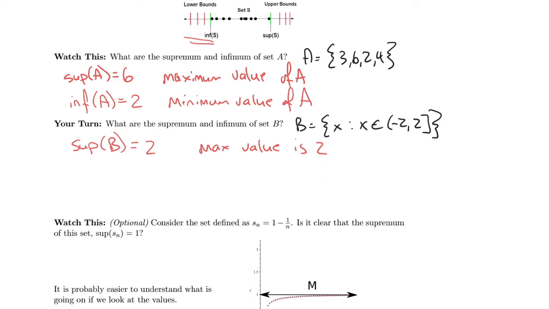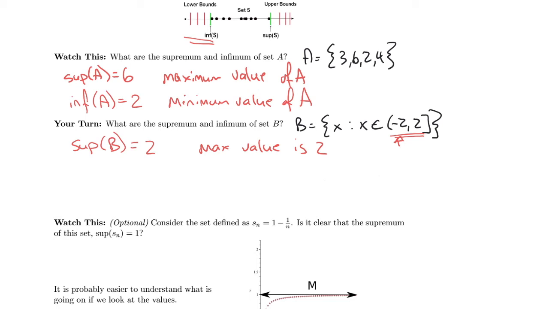Now, on the other hand, let's take a look at the lower bound of the set here. -2, though, is not part of the set. But no matter what value we choose in the set, we're always going to be able to choose another value that's in between it and -2.